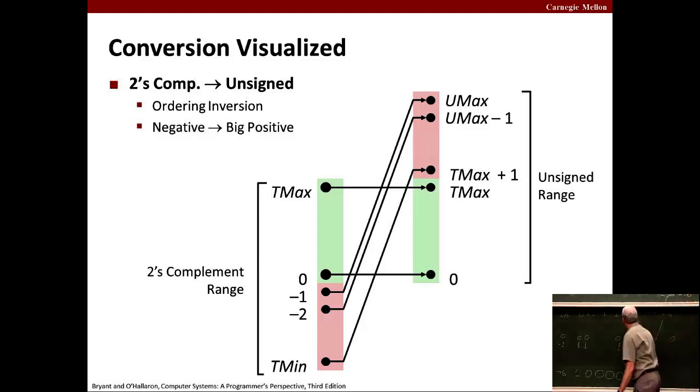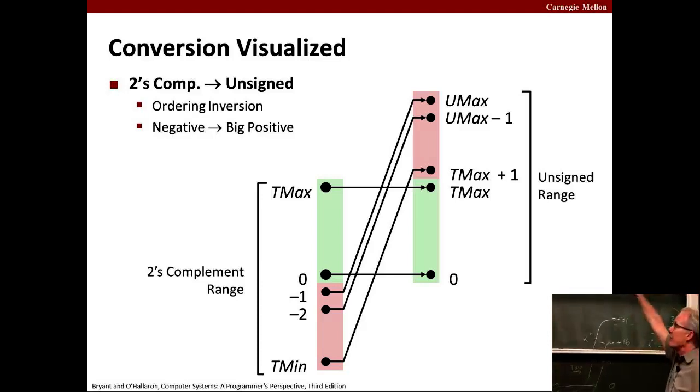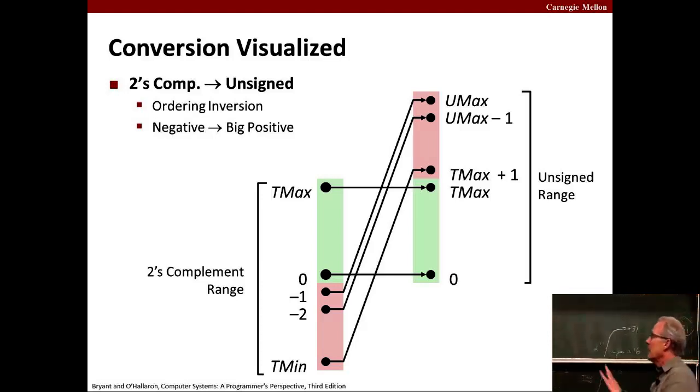And all ones will become positive 31. Right? And so that's what this picture is showing, that the pink numbers are the ones that flip between negative and the largest of the positive numbers. And then the green numbers are the ones that stay the same because their leading bits are zeros.